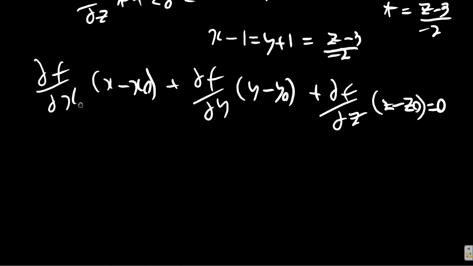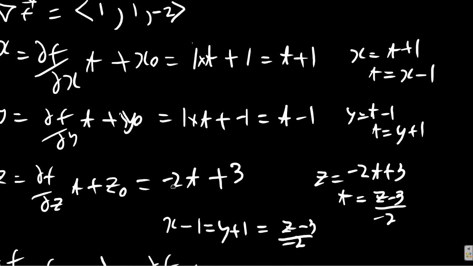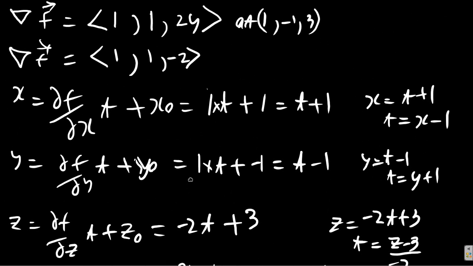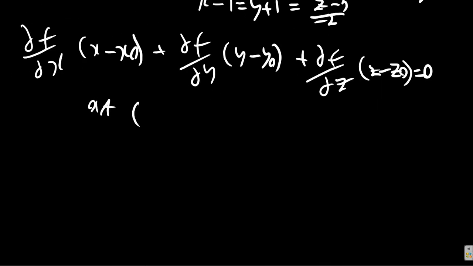Now, our delta f by delta x. Remember, each of these occur at the point, so we're going to substitute each of these at the point. What was the point again? 1, negative 1, 3. All of these occur at that point.